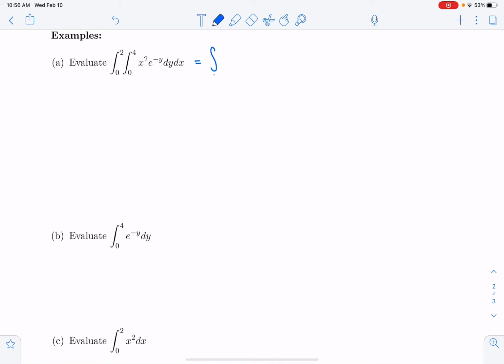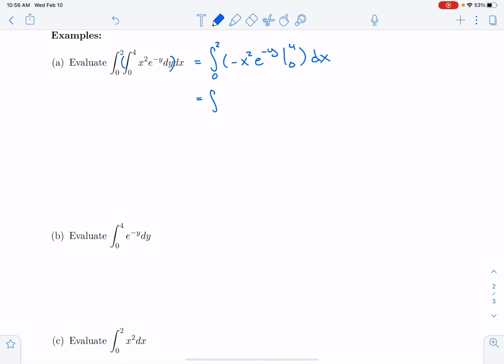So it's the integral from 0 to 2. Okay, I'm thinking about y as being the inner variable there. So I'm going to integrate x squared e to the minus y dy. It gives me a negative x squared e to the minus y evaluated from 0 to 4. And then we want to integrate that expression dx.